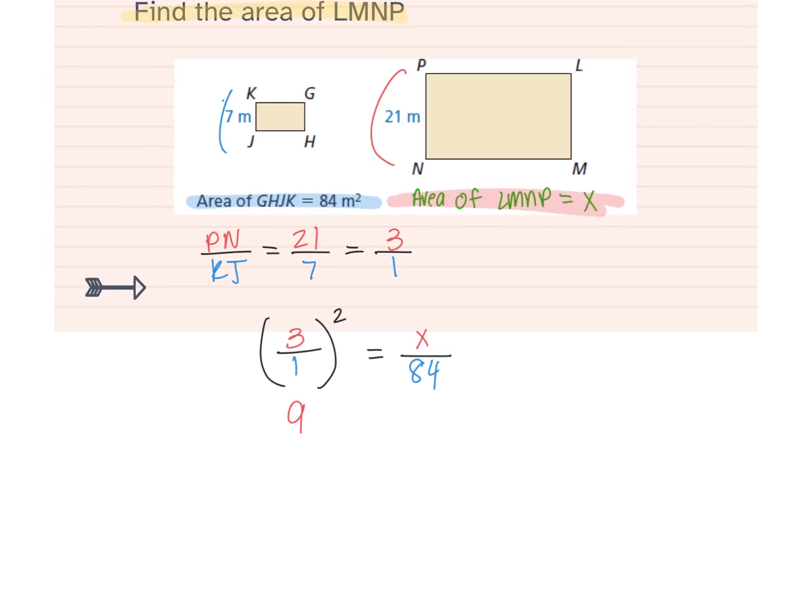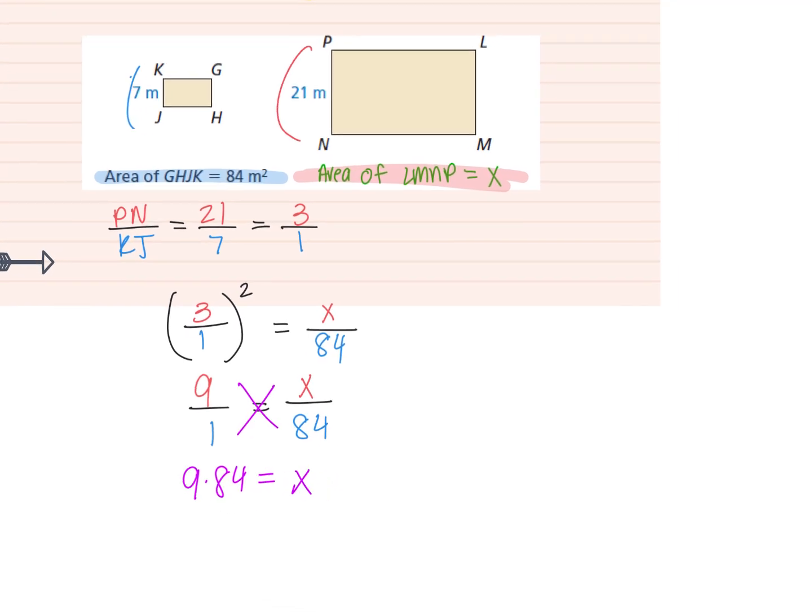I'm going to get 9 over 1 equals X over 84. Now what do you think I should do? Good. Cross multiply. So I'm going to get 9 times 84 equals 1x. I'm just going to represent it as x.